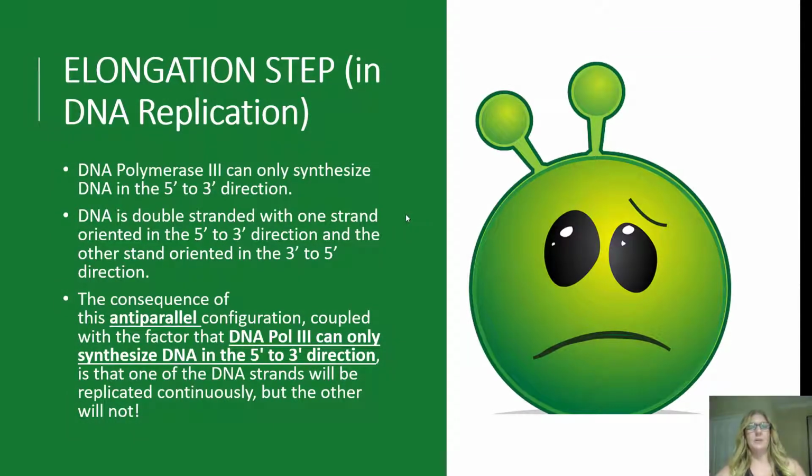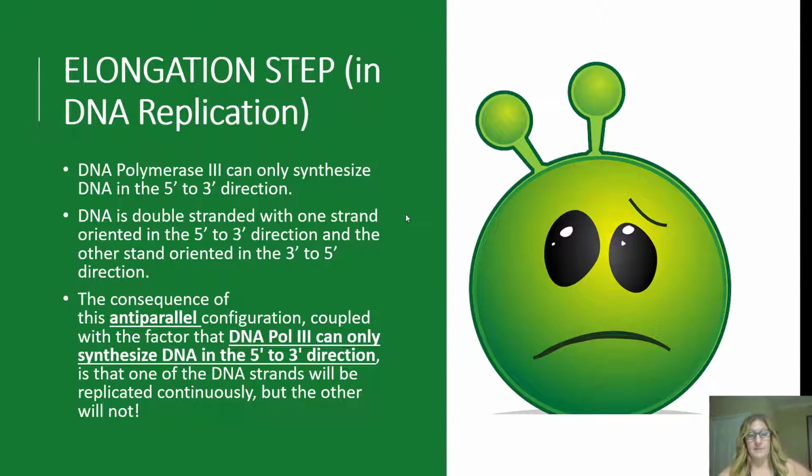Okay. So next we have the elongation step in DNA replication. DNA polymerase 3 can only synthesize DNA in one direction, and it goes from the 5' to 3' direction. But like I mentioned very briefly earlier, DNA is double-stranded, which means one strand is going to be oriented in the 5' to 3' direction, but the other one will be switched, so it would be from the 3' to 5'.